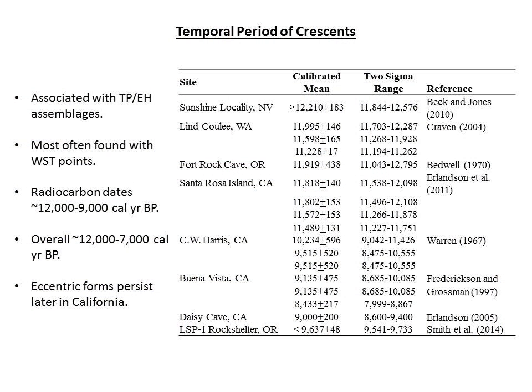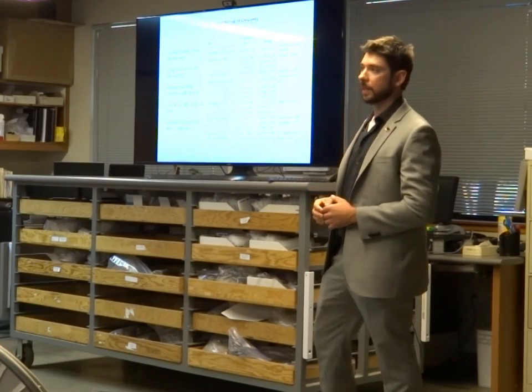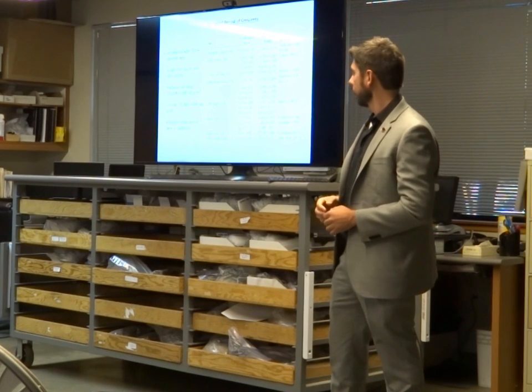Crescents are commonly found with lithic projectile points in terminal Pleistocene and early Holocene assemblages. They are most often found with Western Stemmed points. Beck and Jones would say they are diagnostic of a Western Stemmed toolkit. Radiocarbon dates indicate a primary period of use from about 12,000 to 9,000 years ago.